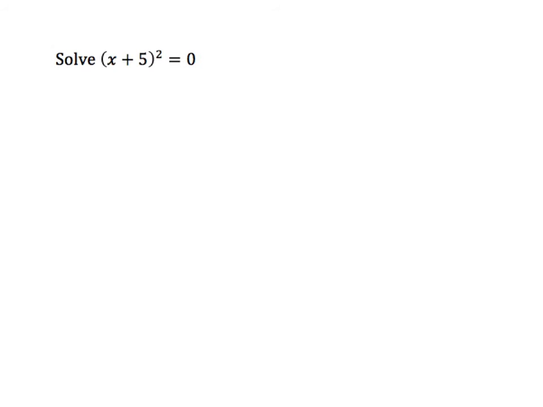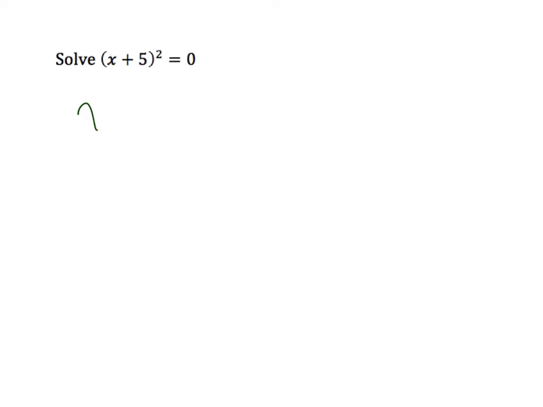There's actually two ways to solve this one. We can do it algebraically by isolating x, or we can do the product of factors. So looking at the first way, isolating x. We always say the opposite of square is square root, right? So in order to eliminate this squared, I'm going to take the square root, but since I'm solving for it, I'm going to do plus or minus.